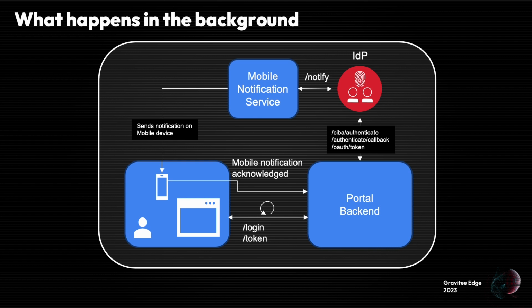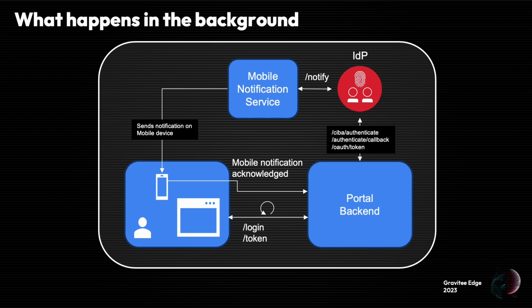Looking at it all together, this is the overview of the high-level design, where you can see the number of APIs playing a role in the overall solution and how simple it is to integrate CIBA to deliver this business requirement. As you can see, from the browser there are only two calls made to the portal backend, login and token.